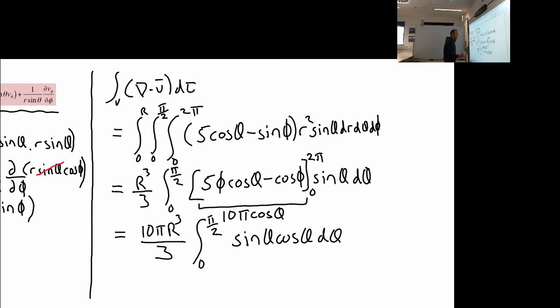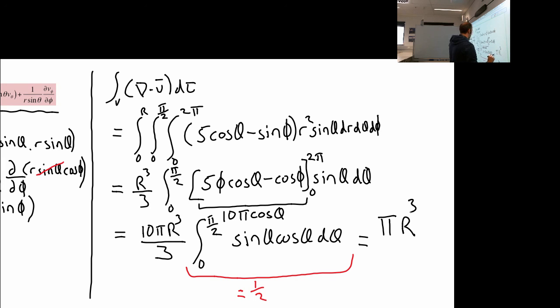So our final answer, since this integral is equal to a half, is 5 pi r cubed over 3. Okay, so this is the integral of the divergence of our vector function v over some volume.